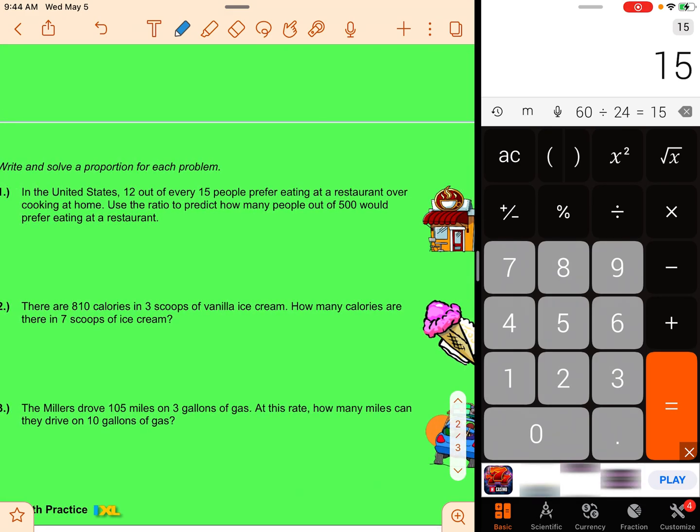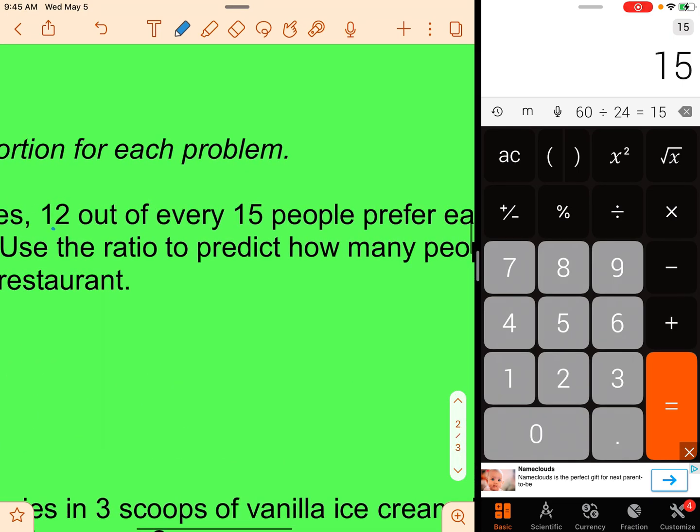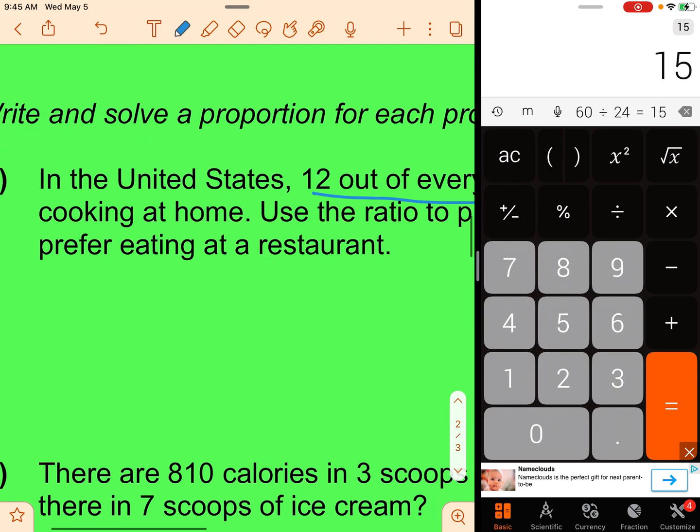In the United States, 12 out of every 15 people prefer eating at a restaurant over eating at home. We need to use the ratio to predict how many people out of 500 would prefer eating at a restaurant. So we need to set up our proportions, which are two ratios. Our first ratio is 12 out of 15, and we set it equal to another ratio.